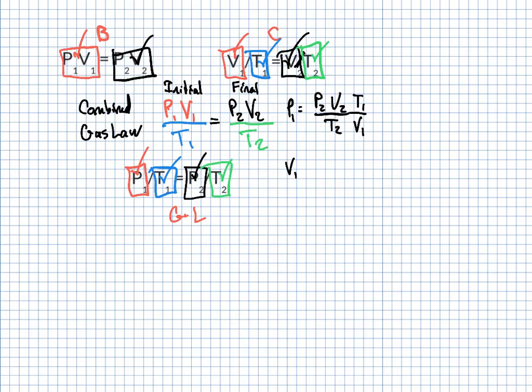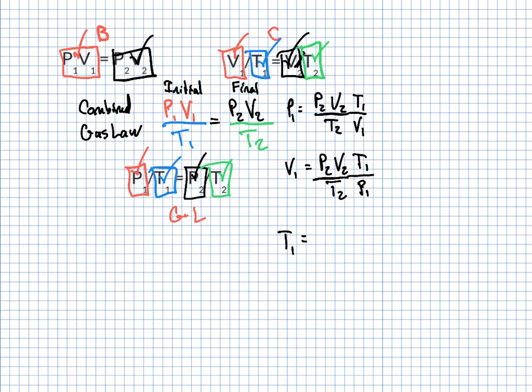V1 is going to look exactly like that. P2V2 over T2. So same thing, T1 is going to be in the numerator and P1 will be in the denominator.